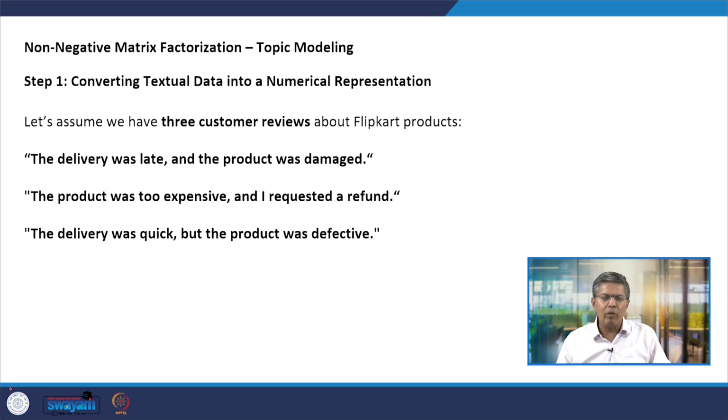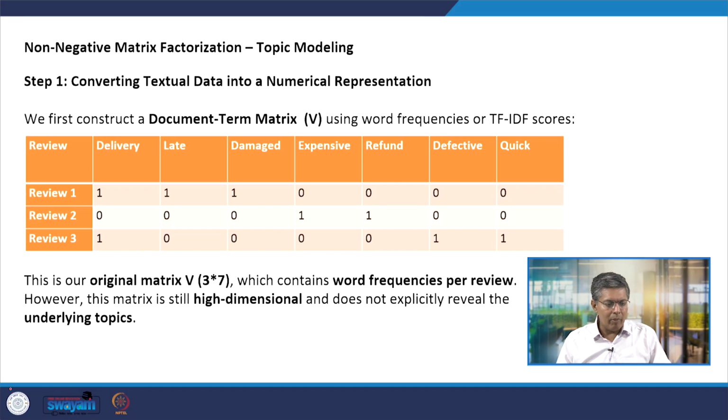Now, these are the 3 only reviews we have taken and we will convert this textual data into a numerical representation. Now, how will we go about it? So, first we will construct a document term matrix, right, using word frequencies or TF-IDF scores. Now, let us say here we have taken a 3 cross 7 matrix.